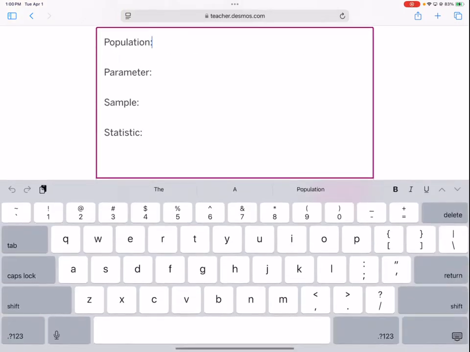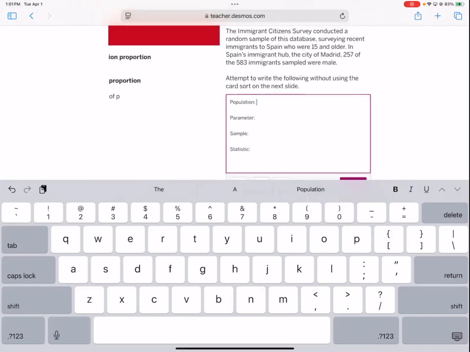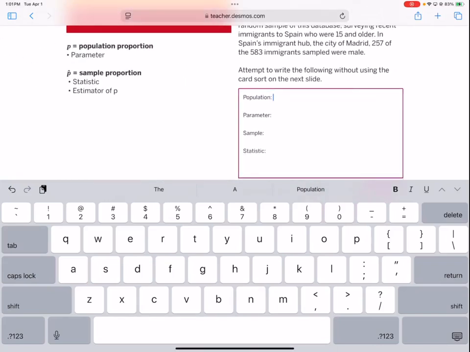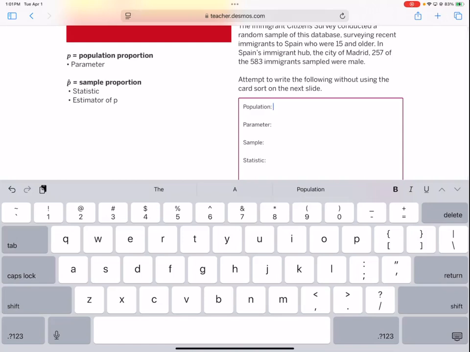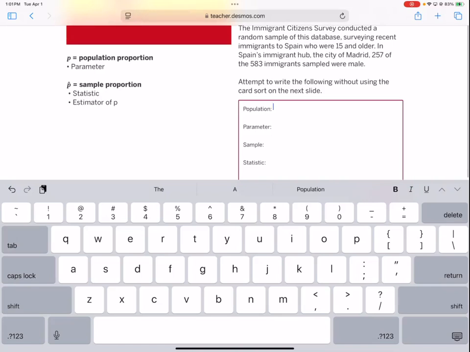So the population in this problem is immigrants to Spain 15 and older.